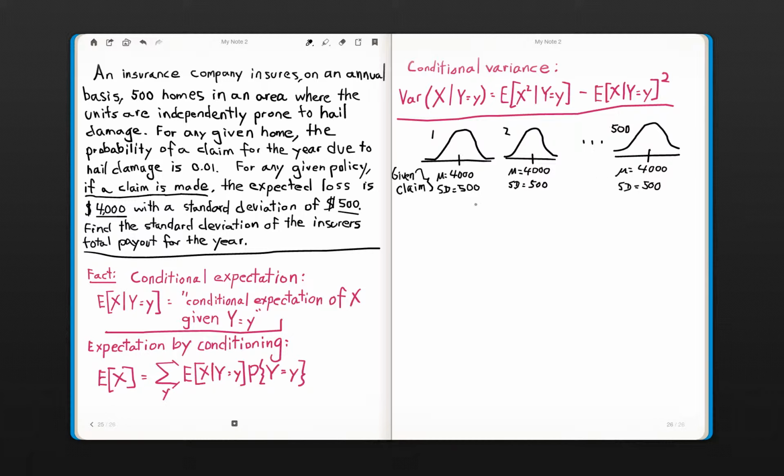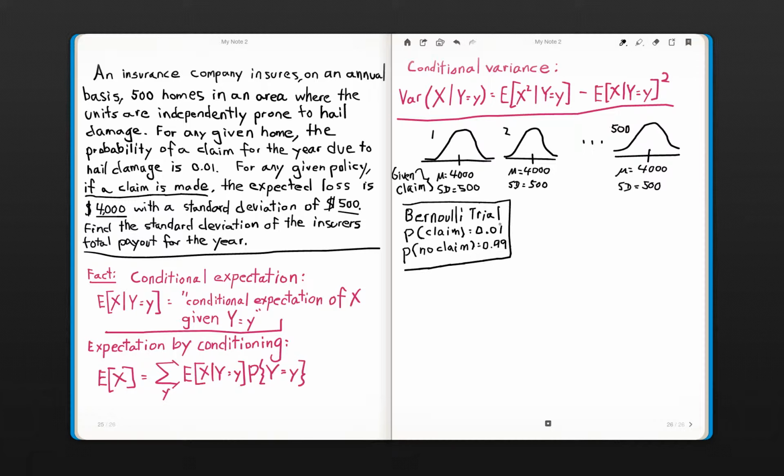So we are given the probability of hail damage, and so that's nothing but a Bernoulli trial conducted 500 times, where the probability of a claim is equal to 0.01, and the probability of no claim is equal to 0.99. And again, we're basically going to conduct 500 independent Bernoulli trials to determine whether or not a payout is made.